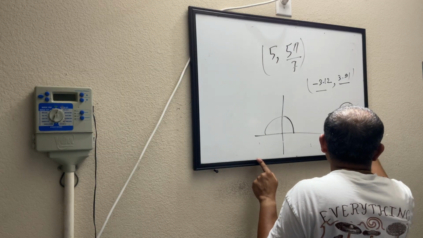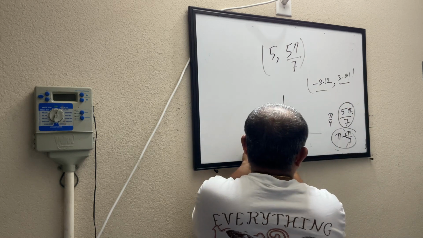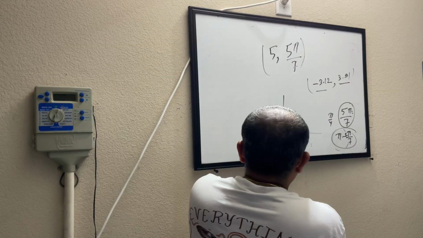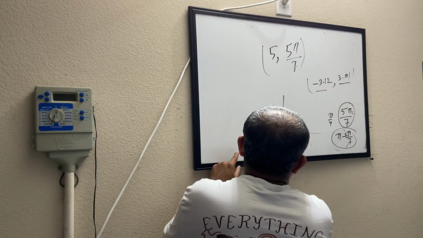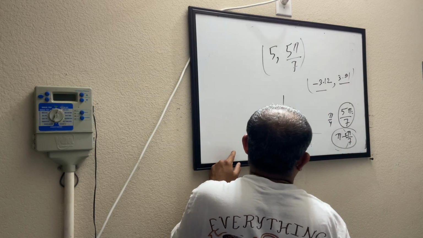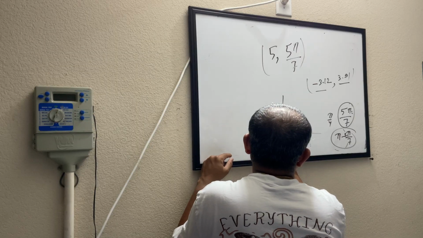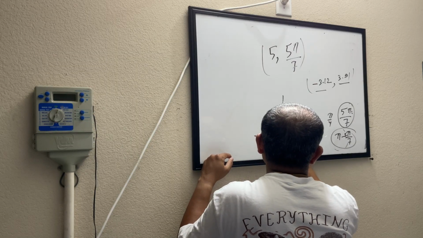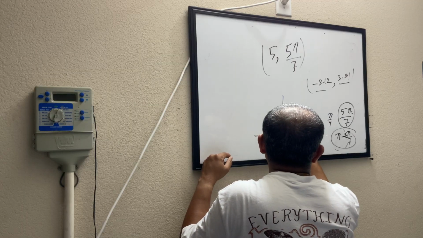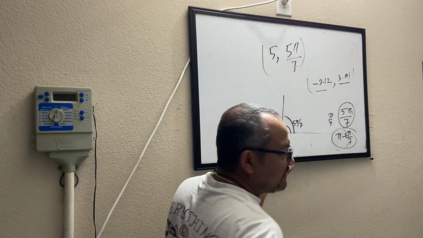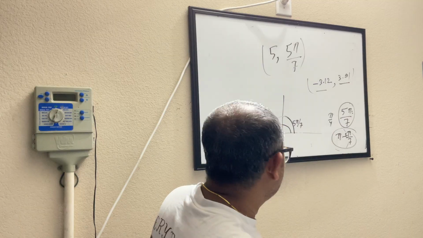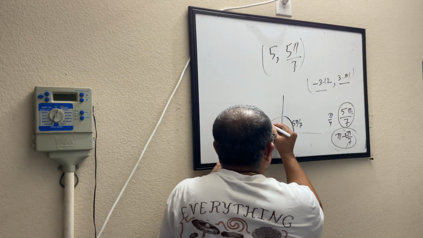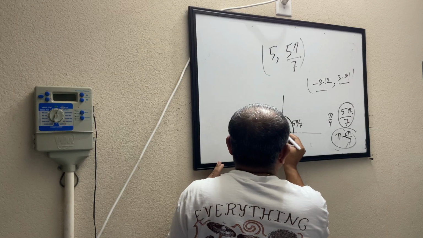That's what gets me 5 pi over 7. So this is my 2 pi over 7, this angle here to here, and this angle is 5 pi over 7. That is how it becomes 7 pi over 7, 1 pi. And then my radius is 5, so we are talking about this point. So this is 5.